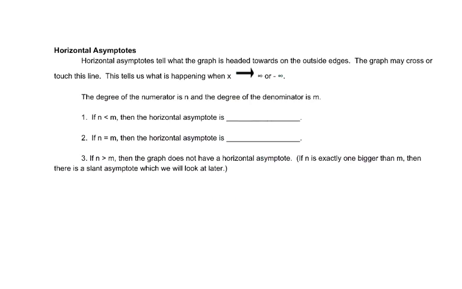So let's talk about horizontal asymptotes. Horizontal asymptotes depend on the degree of the top and the bottom. And we're really talking about what happens on the outside edges as x goes to infinity or negative infinity.